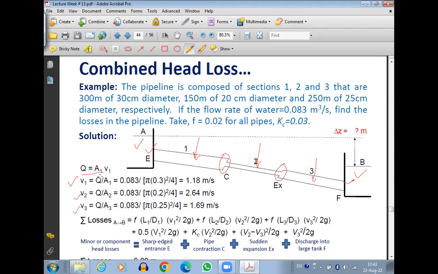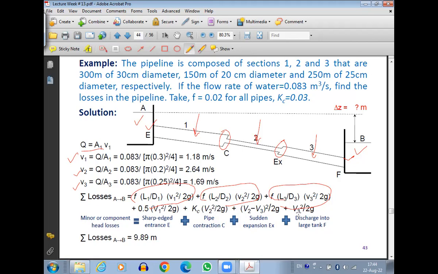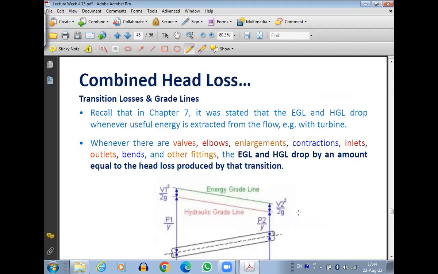Then corresponding to those velocities, you have to sum up all the major losses for the lengths. Okay. So this one will be for length 1, this one will be for length 2, this one will be for length 3. These will be the three major losses. Then you have the minor losses for the entrance, minor losses for the contraction, minor losses for the expansion. This is the minor loss for the exit. Okay. Then add them together, you can find out what the total losses are.